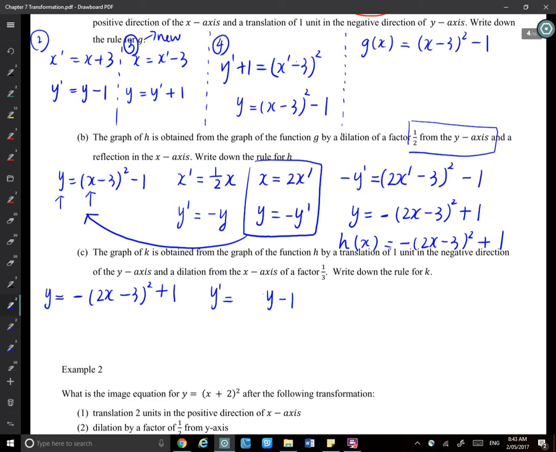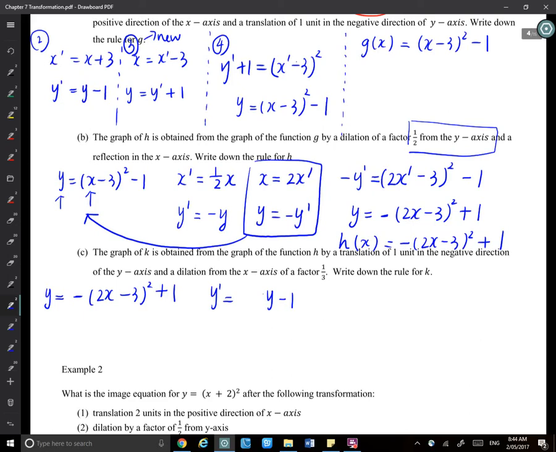What is this dilation changing, y or x? It's changing y, but y is already changed once. Now I want to change it another time. What can I write? Moving down by 1 happens first, and then do a dilation.